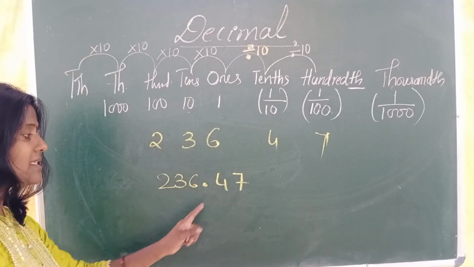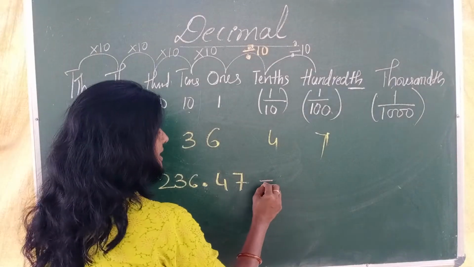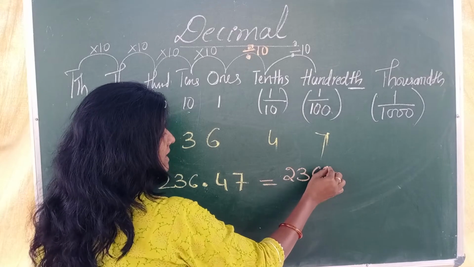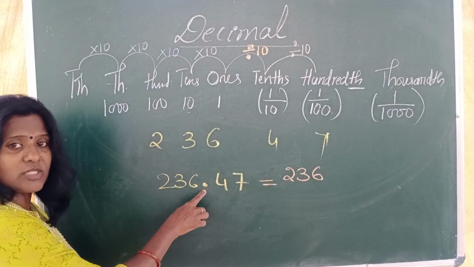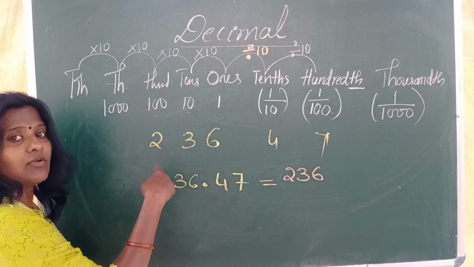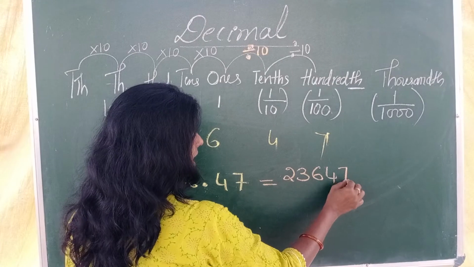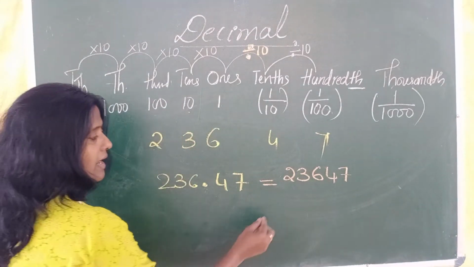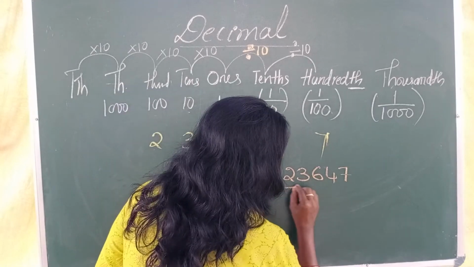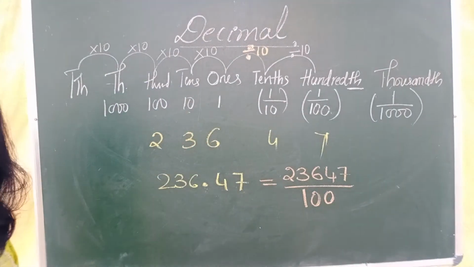If I express this in terms of a decimal fraction, how to express it? See, 236.47. Now I have to remove this point. If I remove this point, it will convert into a fraction. 236 and I have to remove this point. After the point, how many numbers are there? Those many zeros you have to write in the denominator.